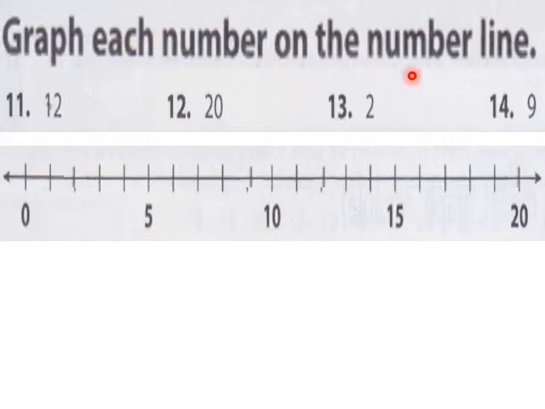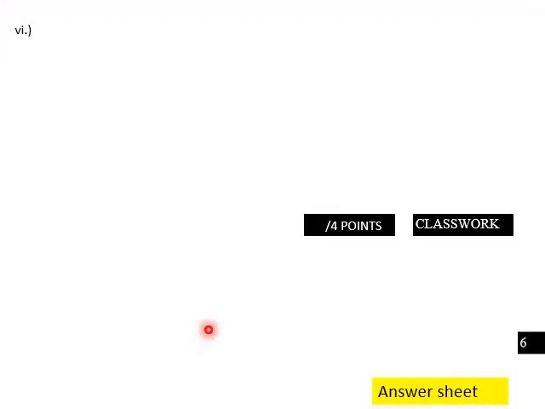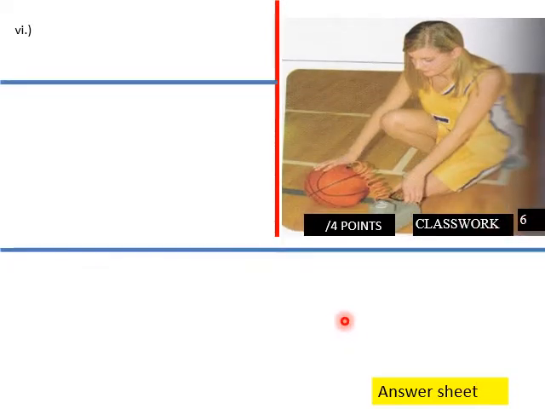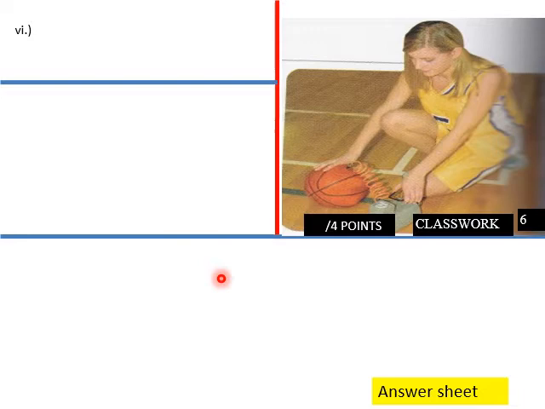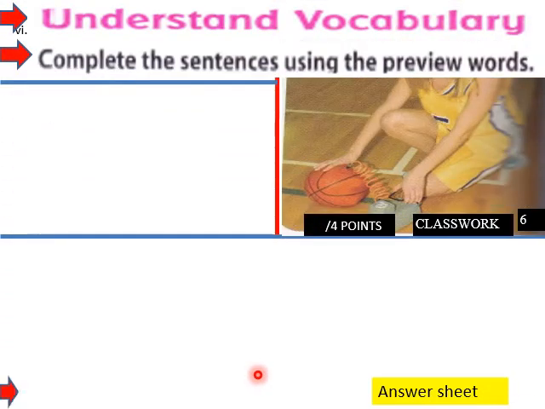And then graph each number on a number line here, students. This is part of your little pretest for 1.1. And then we can go through with a reveal here. And then we go into classwork on page 6 of 1.1 here. We're through with the pretest.